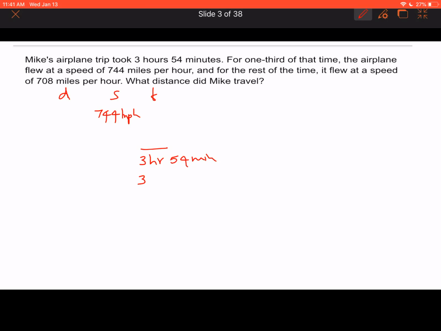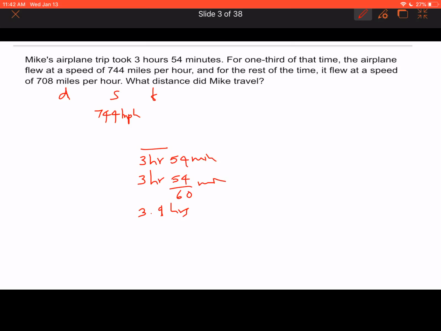So for that, 3 hours 54 minutes, divide the minutes by 60, which is equivalent to 3.9 hours. Okay, this we need because 1/3 of that time is covered for the first journey. So with 744 miles per hour, it travels for a certain time, and then it changes the speed and it travels the rest of the distance, right?